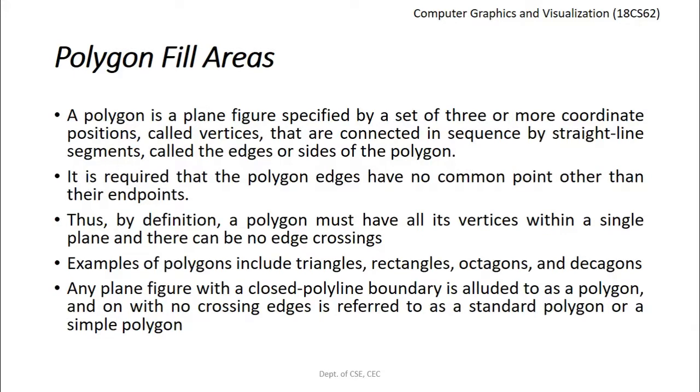Thus, by definition, a polygon must have all its vertices within a single plane and there can be no edge crossings. The edges should not cross each other, and all the vertices should lie on a single plane. This is the required condition.